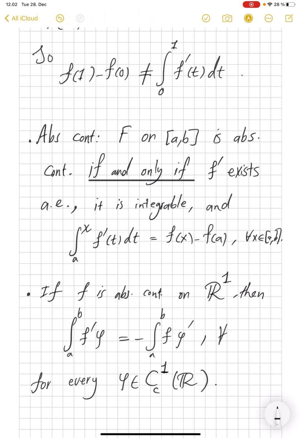So this will be for every interval [a, b] inside R. And too many typos here. So this will be compactly supported on [a, b], so that the values at a and b, the boundary values, are 0, and we're good. And we will see why I'm specifically putting this down here.